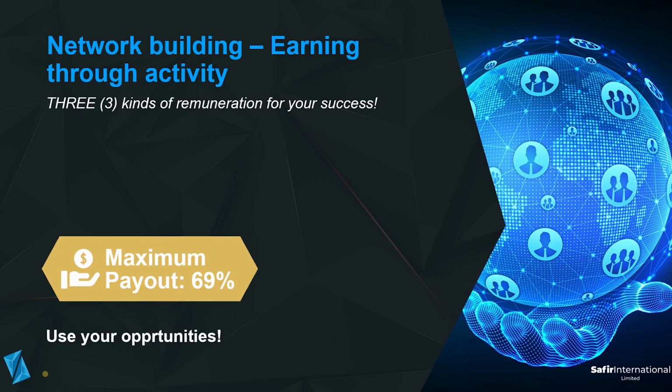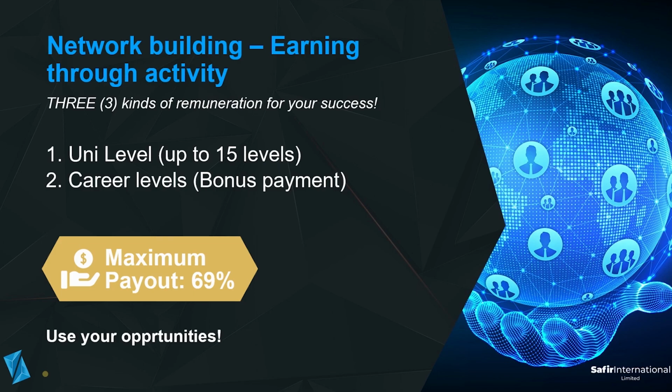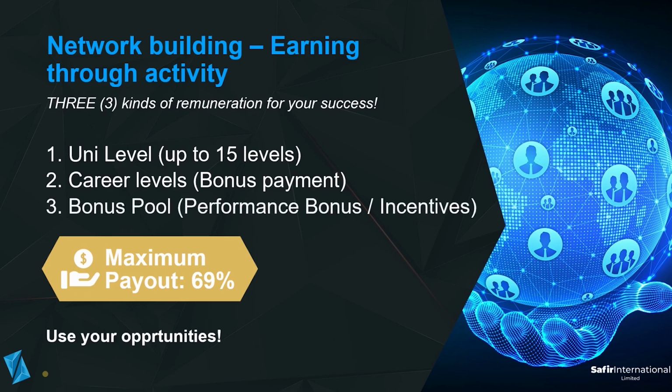For example, the uni-level plan, paying up to 15 levels. You have career levels with bonus payments each and every time you achieve them. And you have a bonus pool where you are getting your share of the total sales of the whole company.